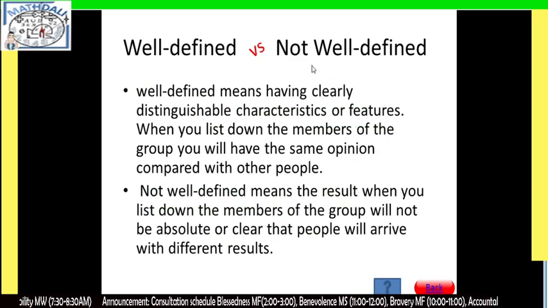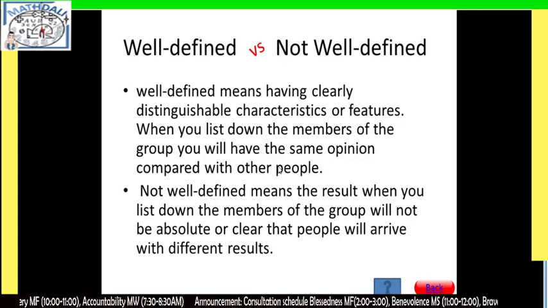Well-defined means having clearly distinguishable characteristic or features. When you list down the members of the group, you will have the same opinion compared with the other people. Or if you are going to list down the elements, you will definitely arrive at the same elements compared with the other people who list down also the elements.